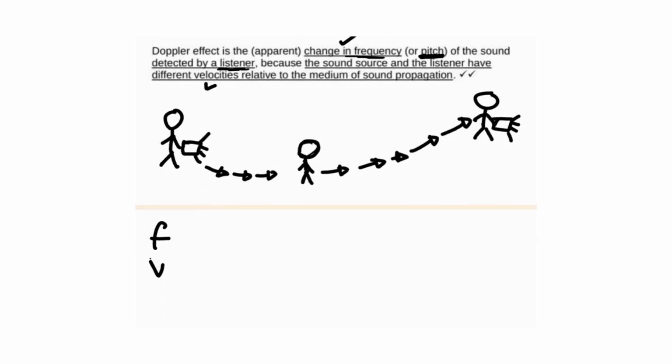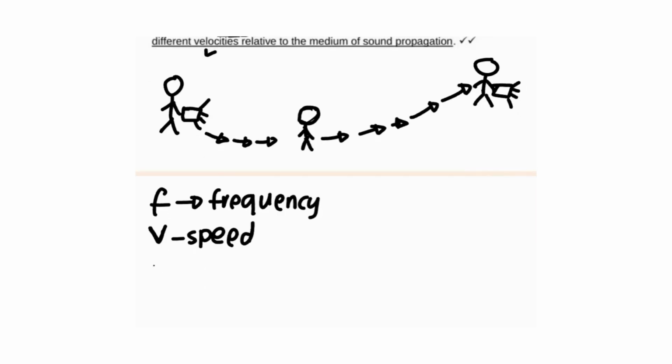And then the velocity refers to the velocity of the sound, or the speed. Let us rather use speed because we use velocity as a vector. So V represents the speed of the sound, and the frequency, which can also be the pitch.